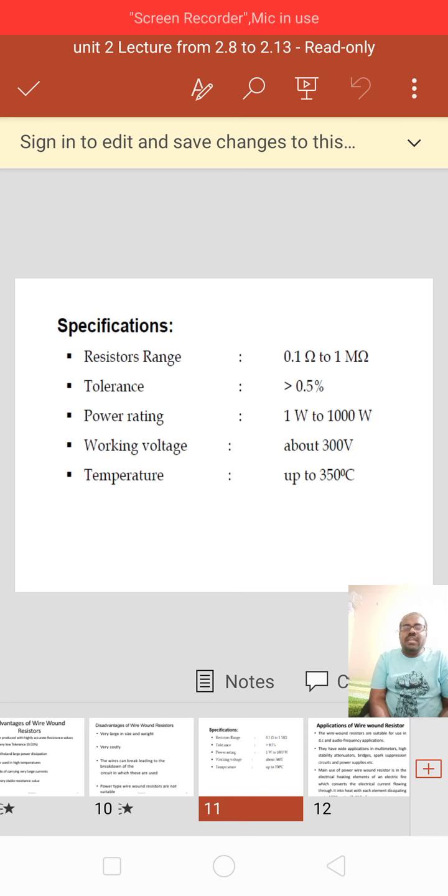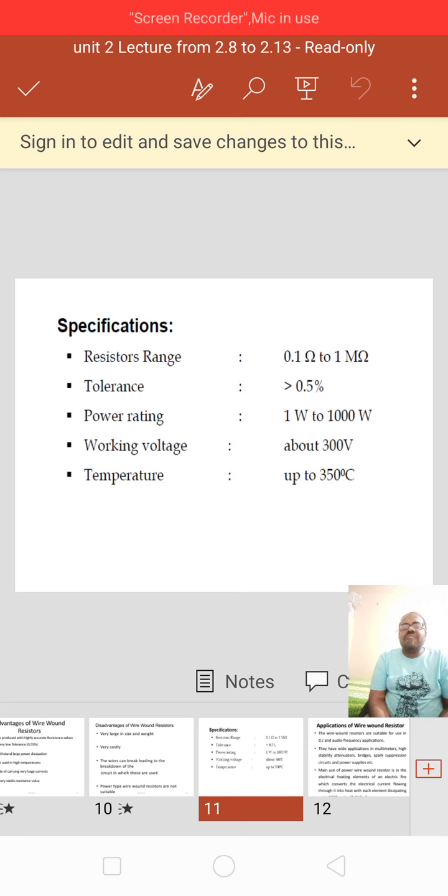These specifications are mainly derived from the advantages of the wire wound resistors. We learned that it has high temperature capability, so the temperature range is up to 350 degrees Celsius.